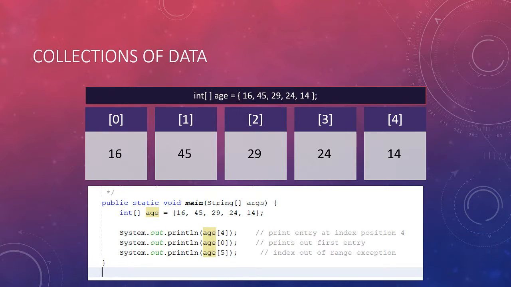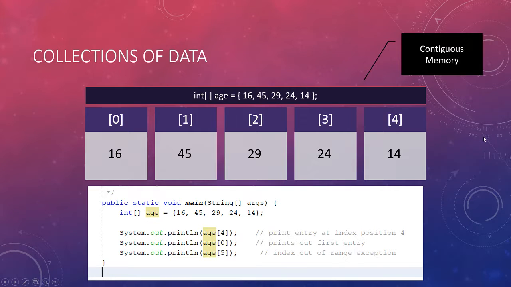So here again we have an array that was declared in code a little bit differently. In this case, we said we want to declare an array of integers called age, and then we supplied the values that we wanted entered into that array. So this array in memory will look just like this here. The array will be allocated contiguously in memory.